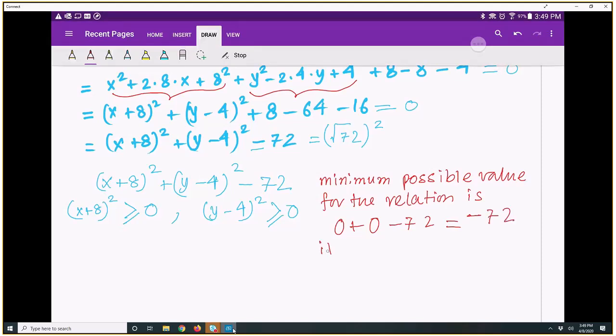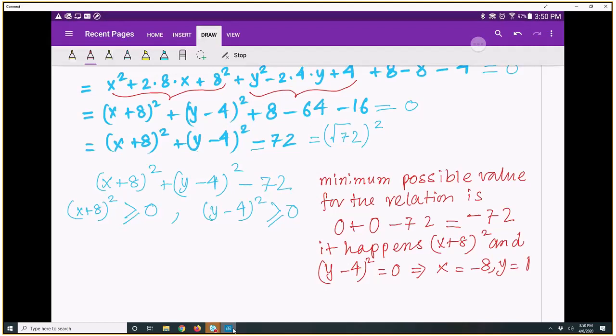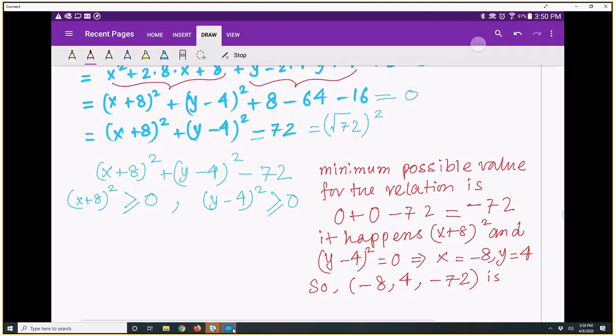It happens when x plus 8 whole squared is equal to 0, and when y minus 4 whole square is equal to 0, which implies x equal to negative 8, y equal to 4. So negative 8 for x, 4 for y, negative 72 for z is the minimum.